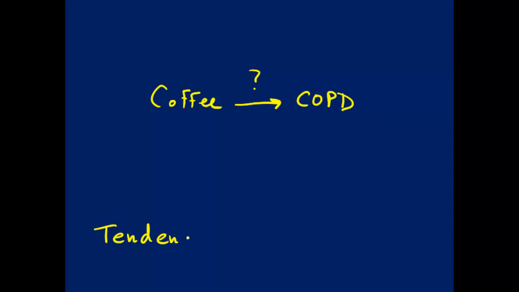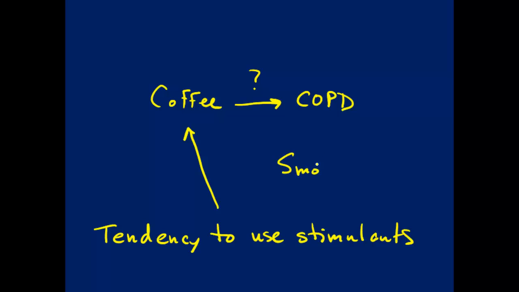Now let's think back to the example we were using in the previous video, which was called confounding and conditioning on a variable. In that video, we were looking at whether coffee drinking was a cause of COPD. And we said that a tendency to use stimulants was causing both coffee and smoking, and in turn, smoking was causing COPD.